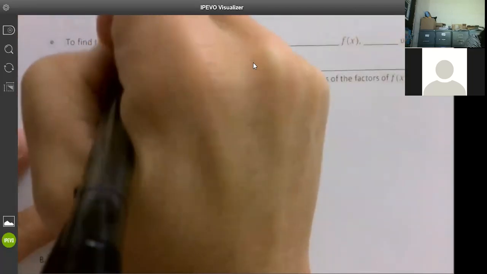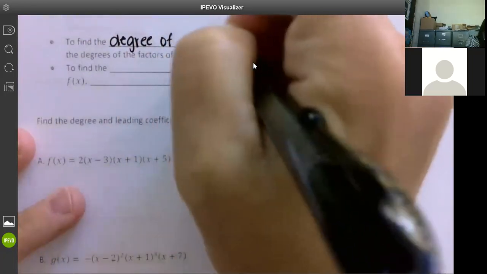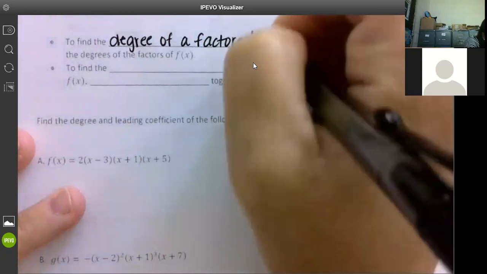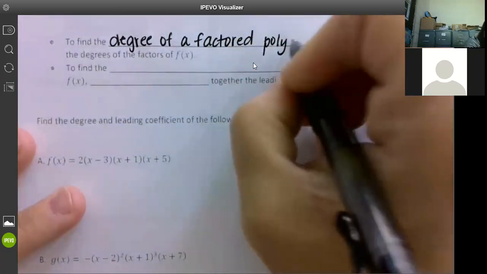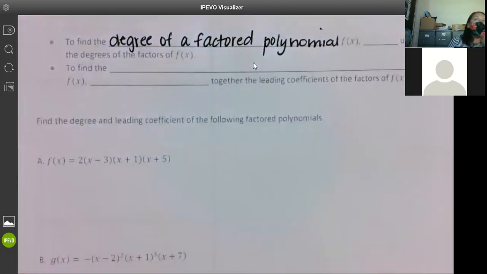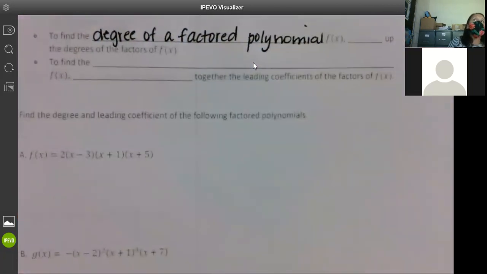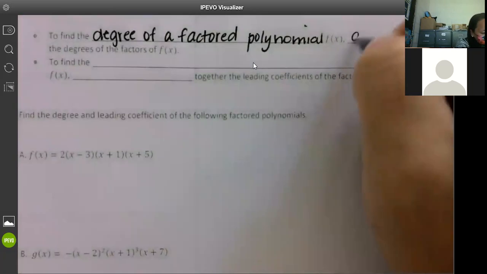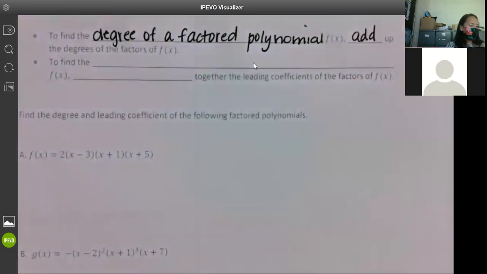So to find the degree of a factored polynomial f of x, we add up the degrees of each of the factors of f of x.